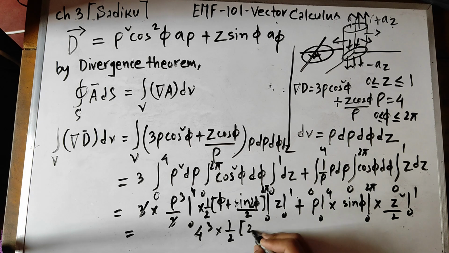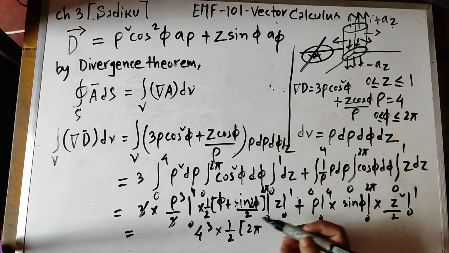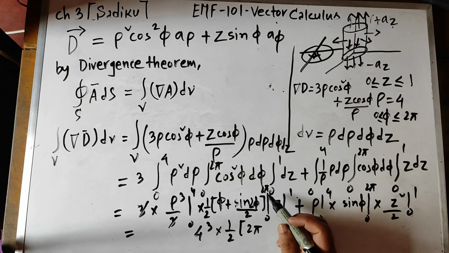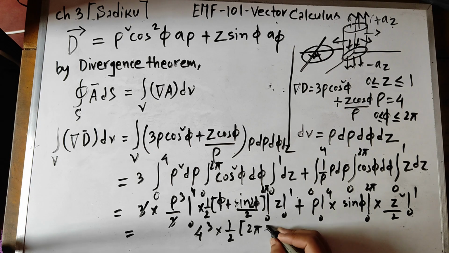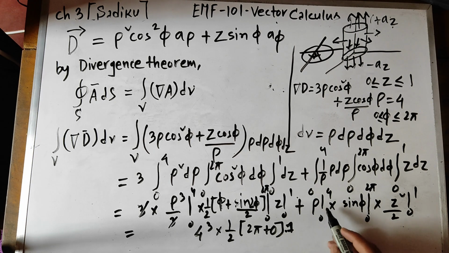So this is 2 pi, obviously, since phi goes from 0 to 2 pi, and sine 4 pi is 0 and sine 0 is 0, so plus 0, and then z from 0 to 1 gives 1. And here rho from 0 to 4 cross sin phi, where sine 0 is 0 and sine 2 pi is also 0.